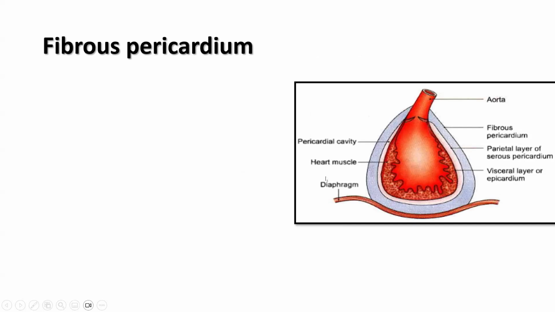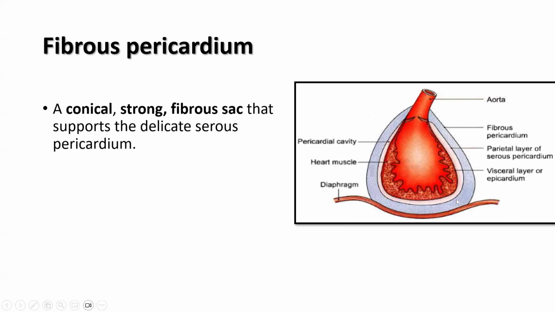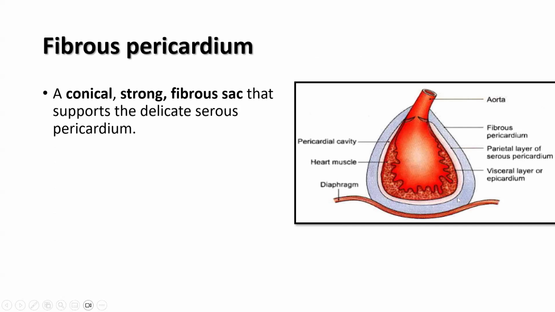Now, we want to describe the fibrous pericardium. In this picture, here is the fibrous pericardium. Fibrous pericardium is conical. It looks like a cone. So, this is conical, strong fibrous sac that supports the delicate serous pericardium.